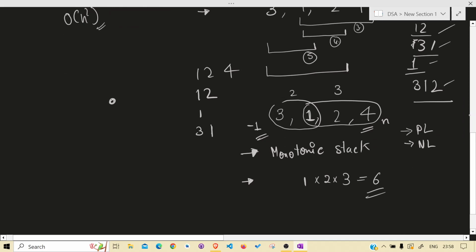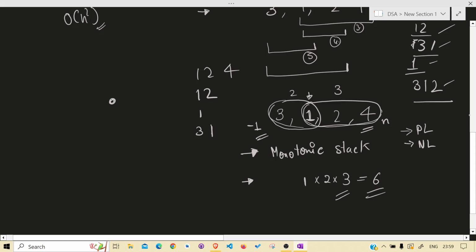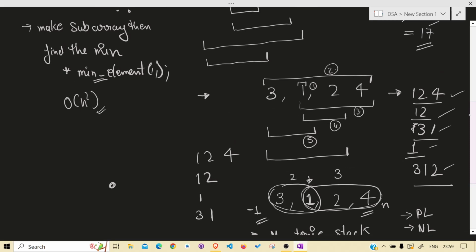It's just intuition: by seeing this length and this length, and multiplying by the number itself, you get its contribution. This is the number of times 1 appeared. You can see it for yourself. 1 over here, 1 over here.